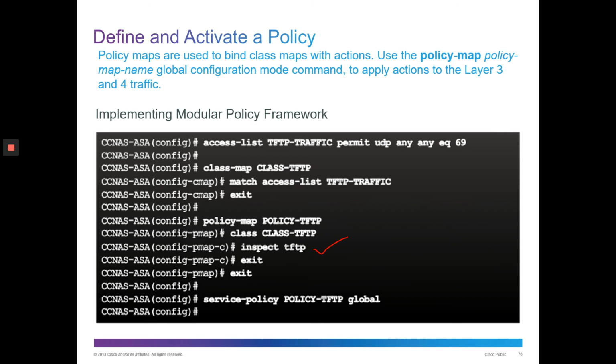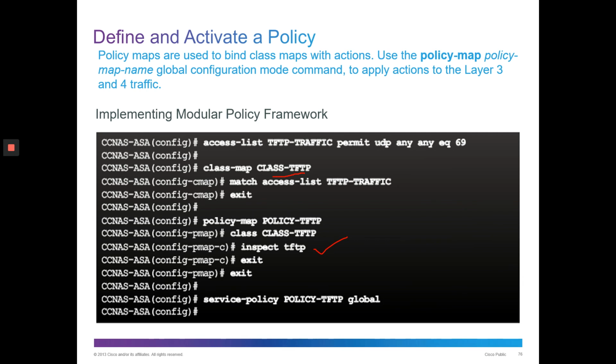For example, in this case, they have created a class map called class map TFT, in which we are monitoring TFTP traffic. Okay, so now in the inspection, where you specify the rules, you specify the rule that you want to inspect that traffic. You want to check each of the TFT traffic.